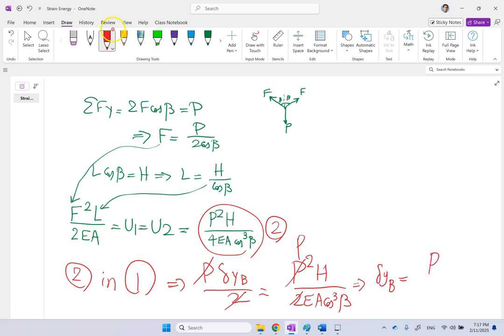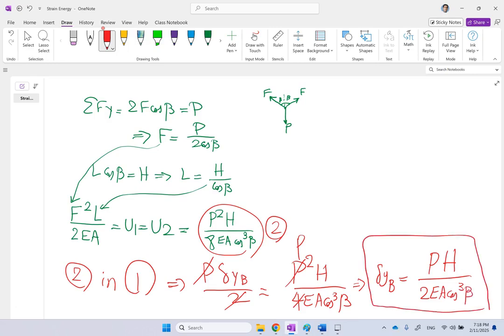That is going to be P times H divided by, now I made a small mistake here. Each one of them will be 8, not 4. So it's going to be 8. And so here what you have is 4. So you simplify and you're going to get a 2 here, and then EA and then cosine cubed of beta. So this is how much point P is going to go down based on the material cross-section, the geometry, and the load.